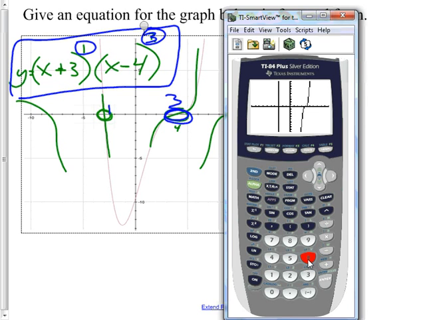Okay, so then I'm going to try, maybe I just take my window and go down a little bit. I'm going to go out to negative, let's make it go to negative 12. Max is 12. And then negative 15 to positive 15. Now I'm going to try that. Just make it a little bit bigger.